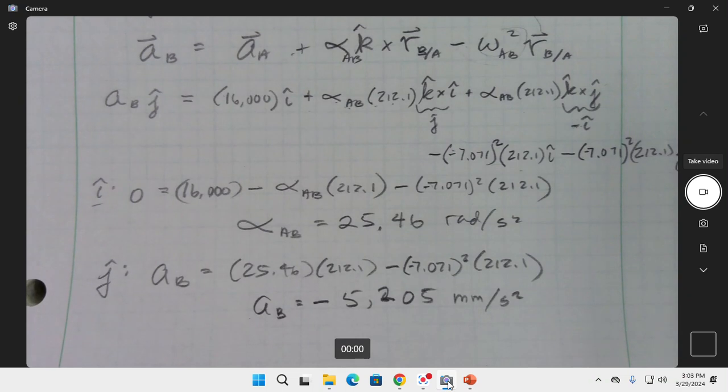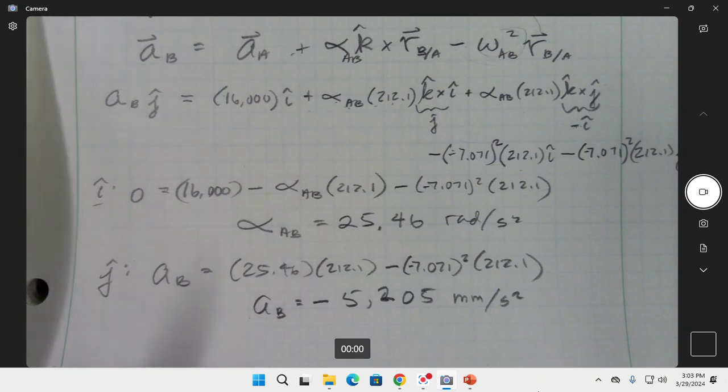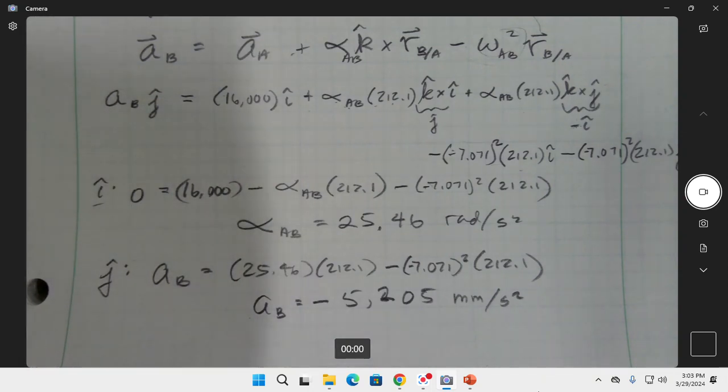And that should have matched what we got in the previous problem. I was off by a little bit. Round off error. I think it was the 25.46.